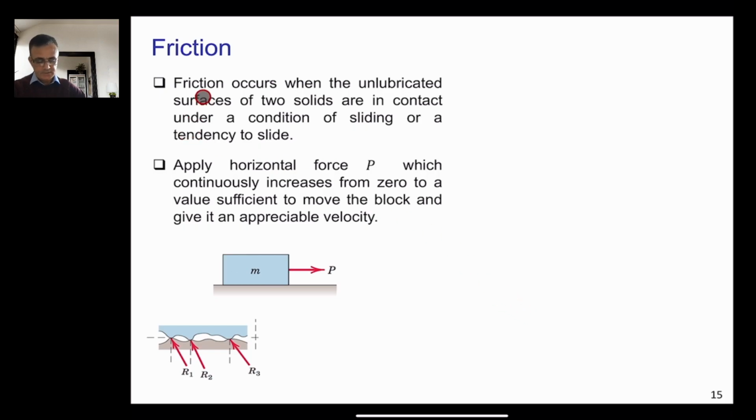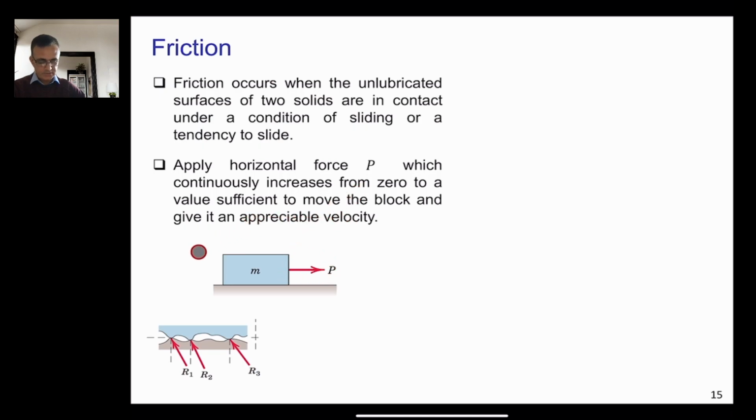So friction occurs when the unlubricated surfaces of two solids are in contact under a condition of sliding or a tendency to slide. Now apply horizontal force P, which continuously increases from 0 to a value sufficient to move the block and give it an appreciable velocity.